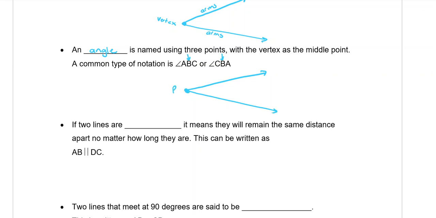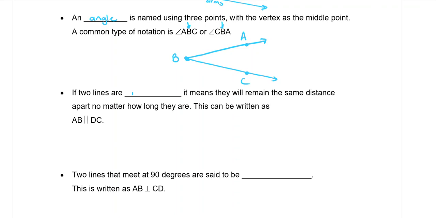The B must be the center point or the vertex of that angle, and the rays are coming and shining out through the A and the C. So we could start here at the A and go A, B, C, or we could start at the C and go C, B, A. Both of those are correct ways of naming that angle.